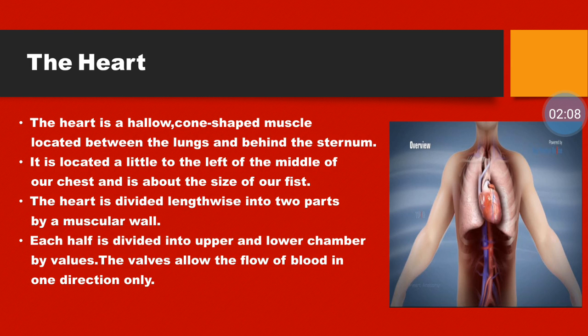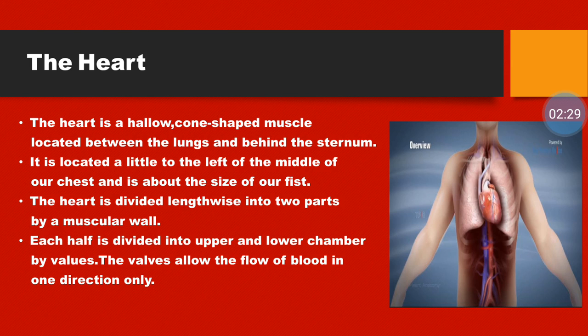Now, what is the size of the heart? The human heart is about the size of the human fist. If you hold your fist and see, your fist is very small, isn't it? The heart is of the same size.